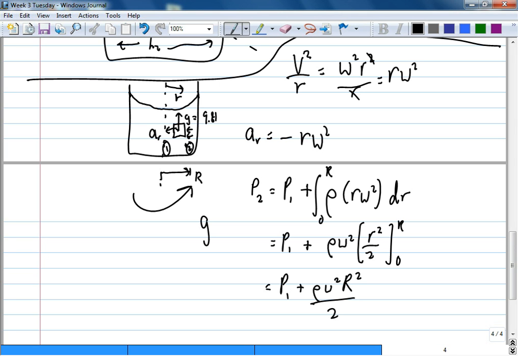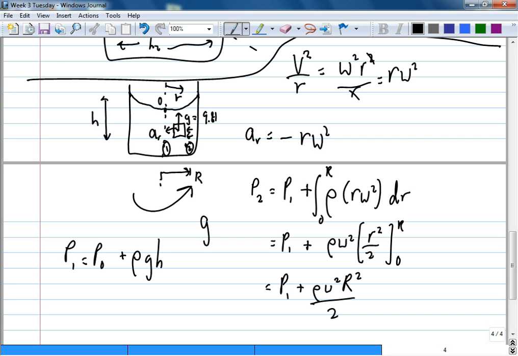If you're going in the vertical direction, then G is just 9.81. So for this distance H, P1 is equal to P0 plus rho GH. If you're going up and down, you're only experiencing gravity in the Z direction, same as the earlier case, rho GH.